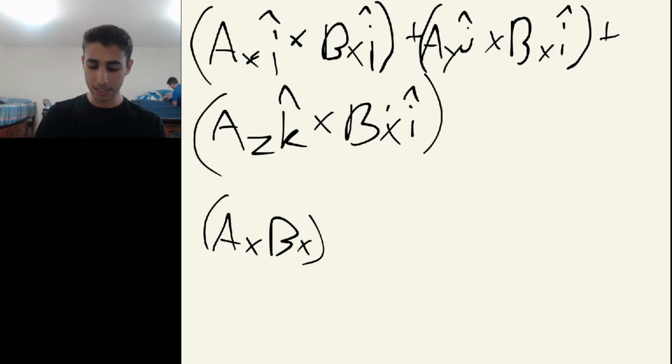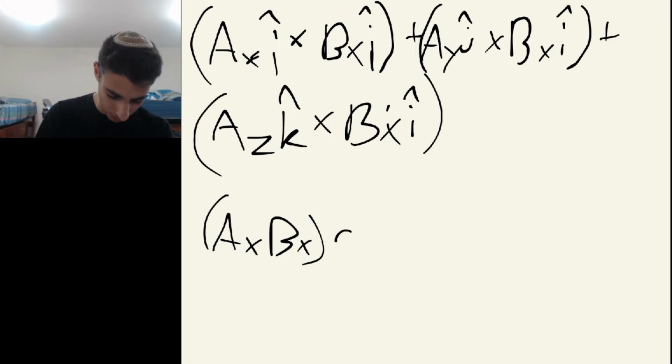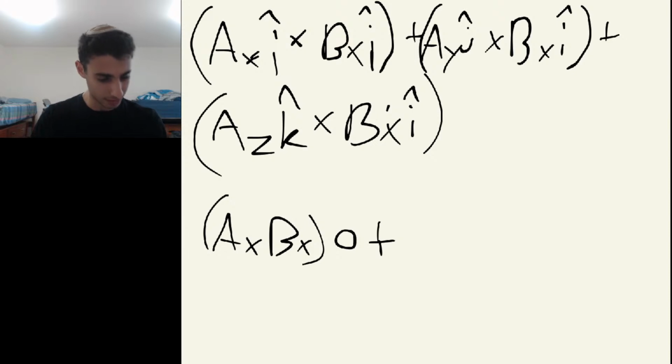In this case, theta is 0, which means sine of theta is also 0. Sorry, it's confusing, but the sine of 0 is 0. So it's going to be AX times BX times 0, which is great. So that term is basically forgotten. We don't have to think about it right now.